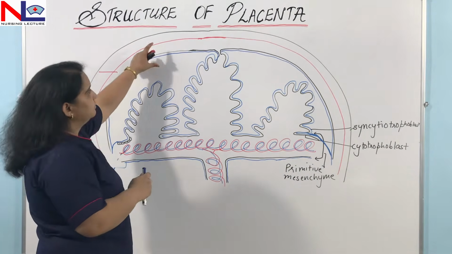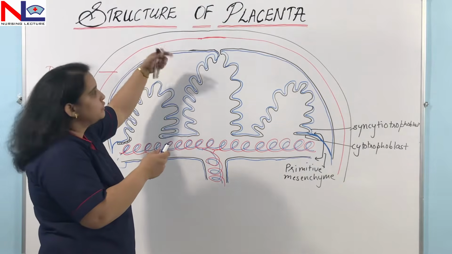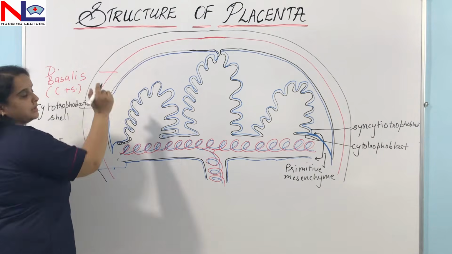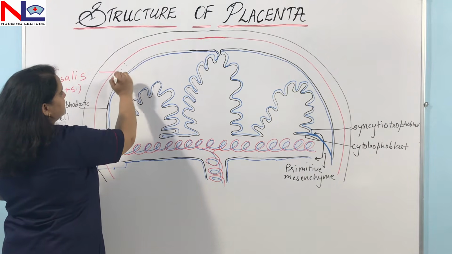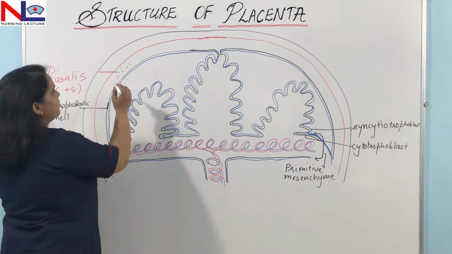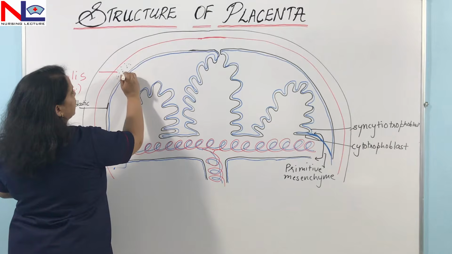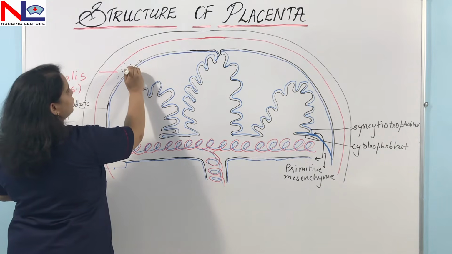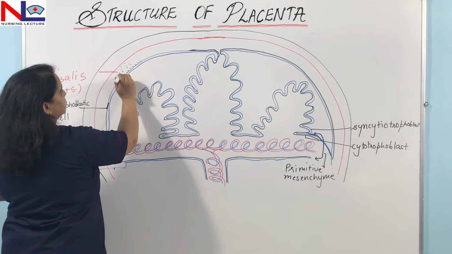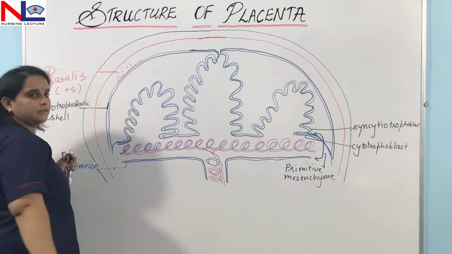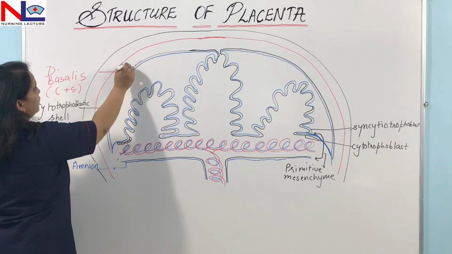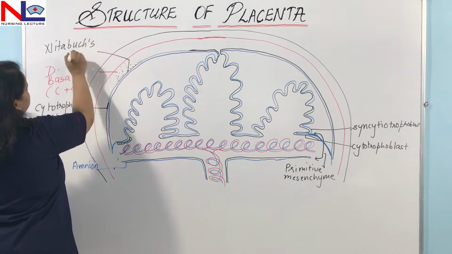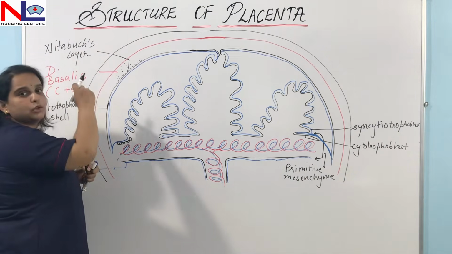So in the basal plate, what are the layers from outside to inward? There is the decidua basalis, and there is the degenerative layer of syncytiotrophoblast here. Here there are some degenerative cells formed from the syncytiotrophoblasts, and the fibrinoid degenerative layer which forms here is called the Nitabuch layer.